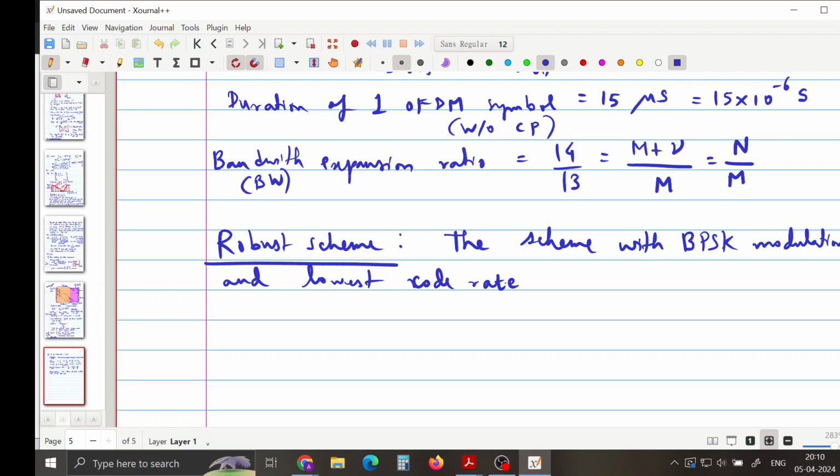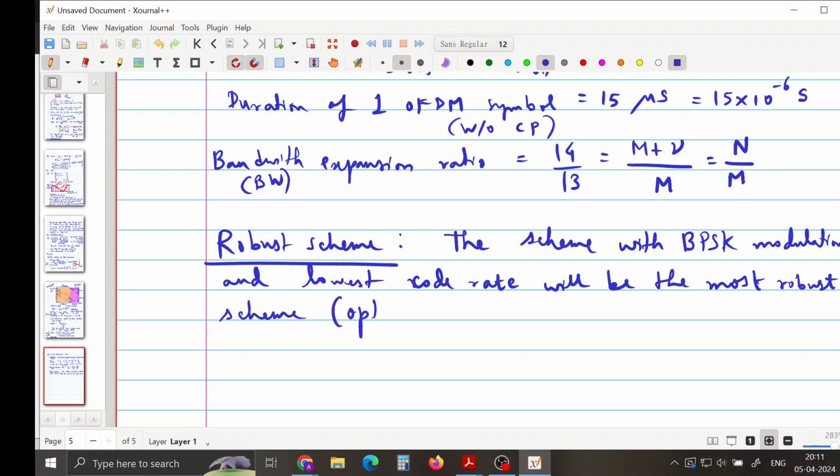So the scheme with this configuration will be the most robust scheme.